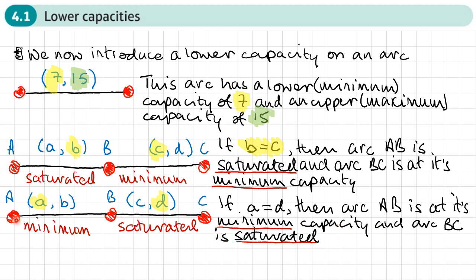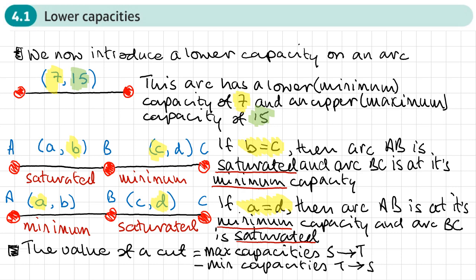In other words, this has to be at its minimum because this minimum is equal to the second arc saturated, so this can't go any higher than its minimum here, otherwise we'll be going over the saturation point of this arc, which is not allowed. So we'll just highlight that here so you can see what matches up with what in the diagrams.